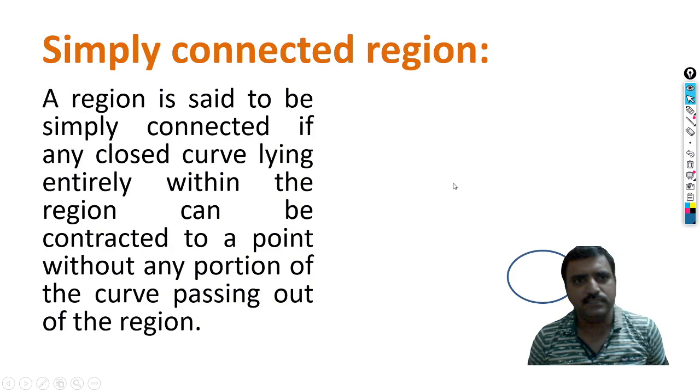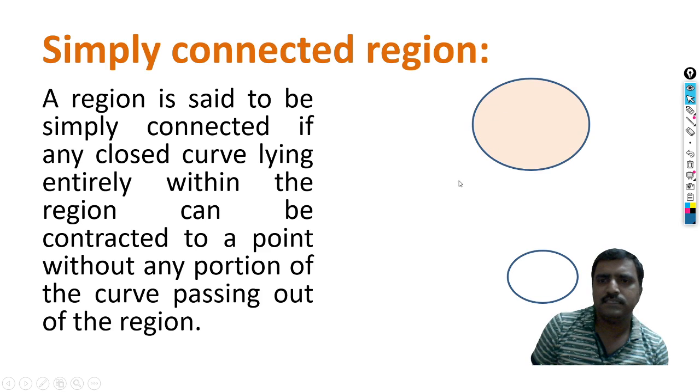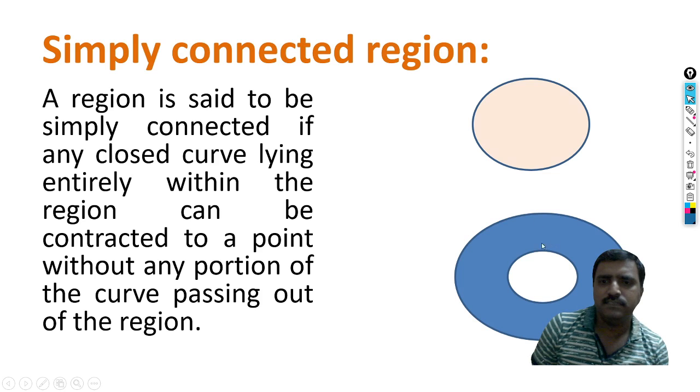Simply connected region. What is the meaning of a simply connected region? A region is said to be simply connected if any closed curve lying entirely within the region can be contracted. When you contract that curve, it should shrink to a point. Then we say it is a simply connected region. For example, if you take a circle, you can shrink that circle to a point.